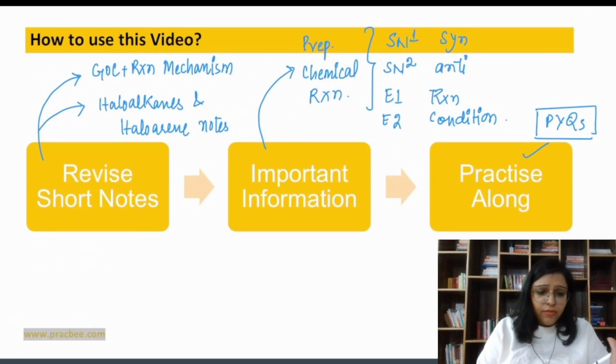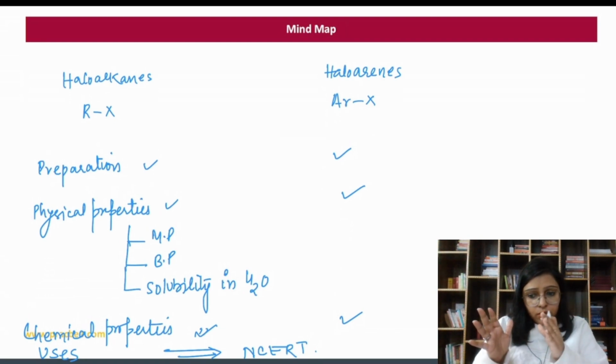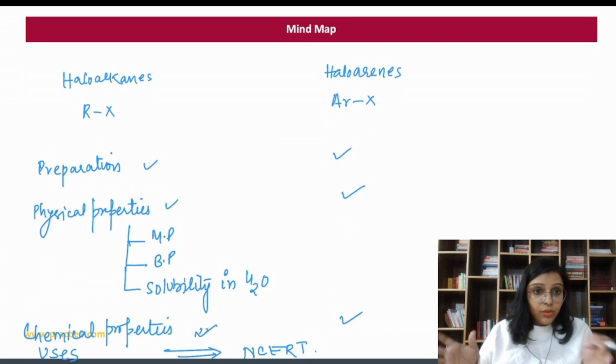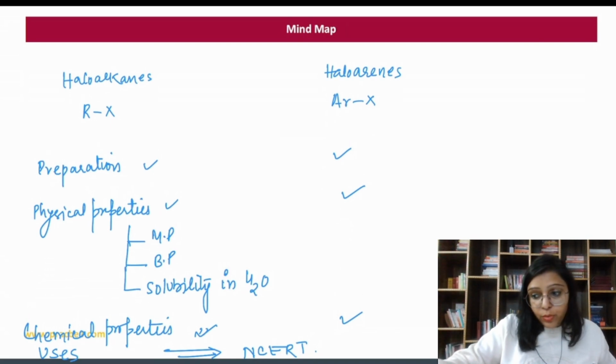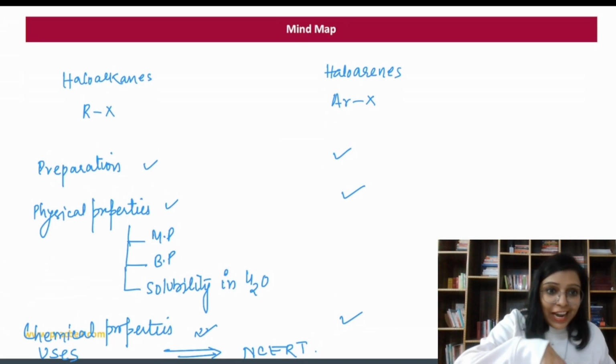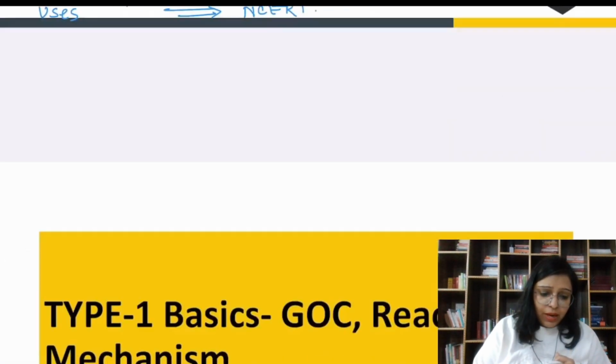So you should write everything and just open that reaction mechanism file or your notes, and then start solving questions so that you can relate it. Oh, this is the reaction and I have to apply it in this question in that way, right? So this is the way. That is just for beginners, right? But if you know the concept very well, then you can start doing the practice.